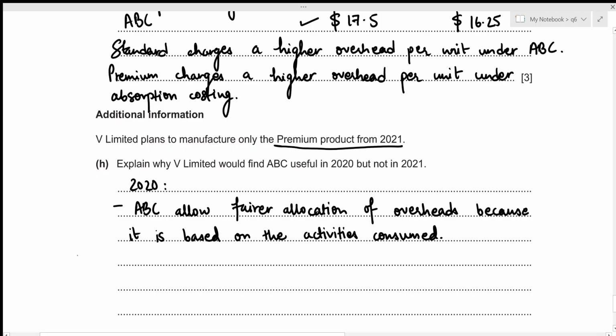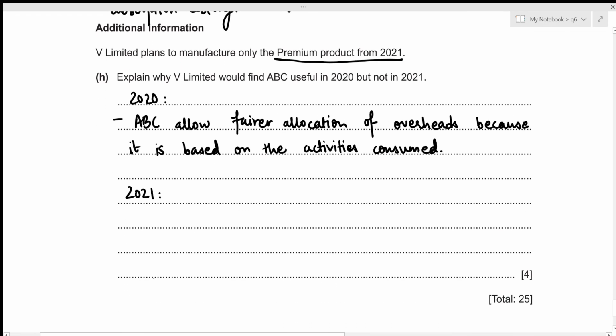Now, secondly, we need to write for 2021. And we know that for 2021, we are stopping the production of standard product, right? This means that activity-based costing is not appropriate because if V Limited is only producing one product, then we know that all the overheads are attributable to that particular product. Let's write it down.